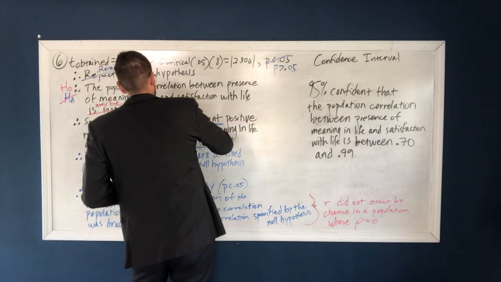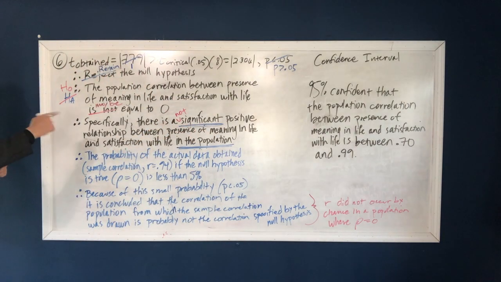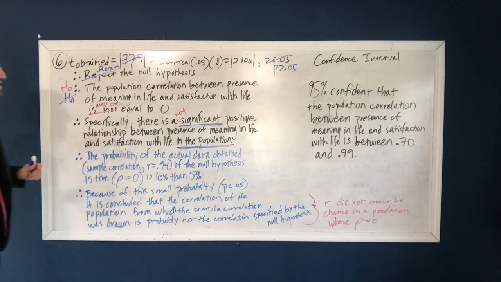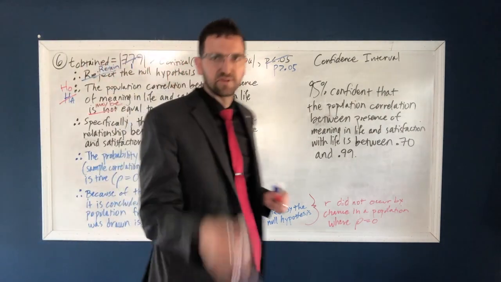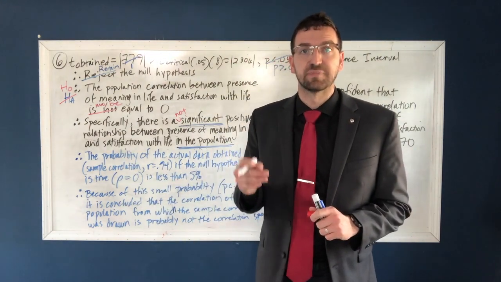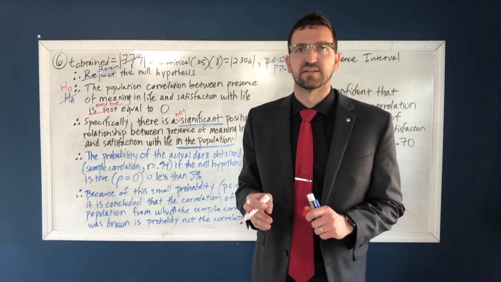Specifically, there is not a significant positive relationship between presence of meaning in life and satisfaction with life in the population. Okay? So if you retain the null hypothesis, p is greater than 0.05, there is not a significant correlation.